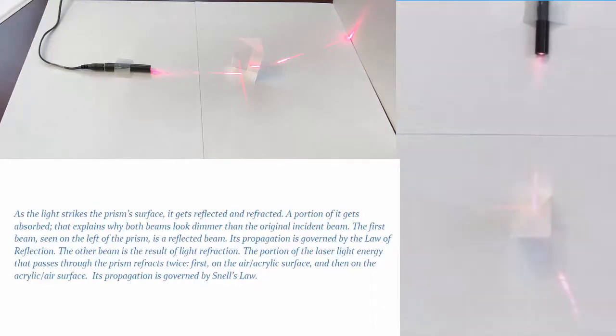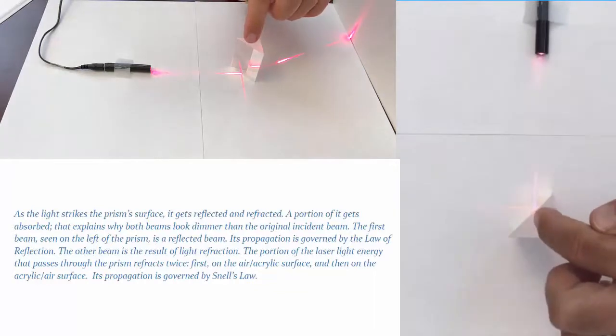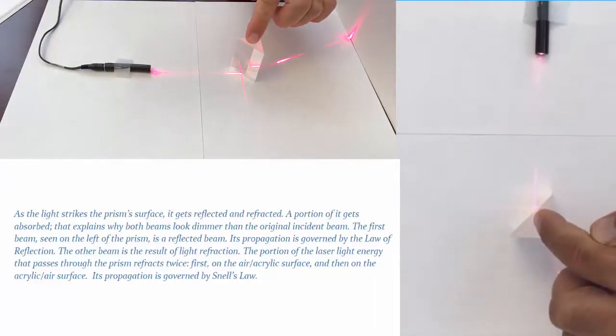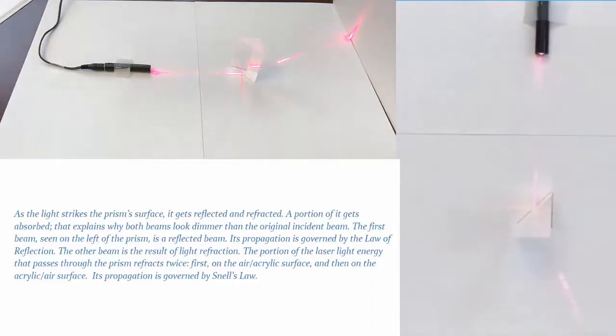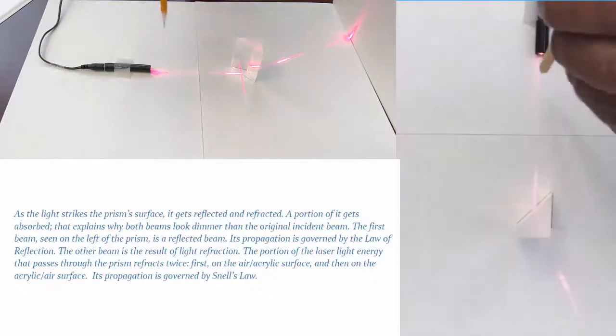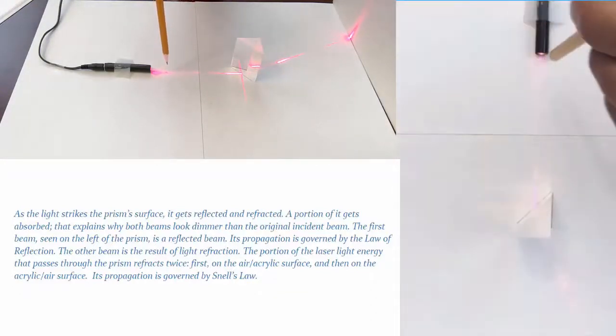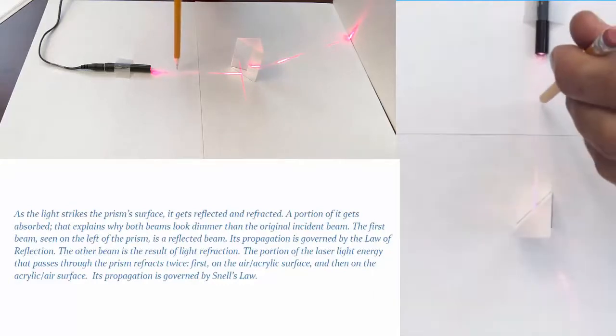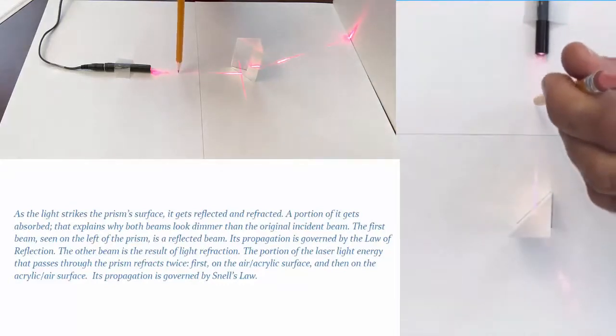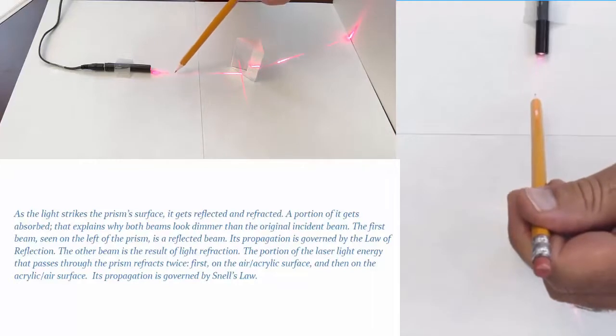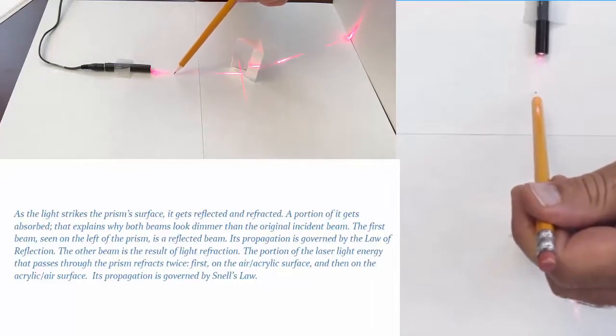In order to do that, we are going to hold the prism steady, and we are going to draw an outline of the prism on the white paper, and then we are going to trace these laser beams by using our pencil and marking dots along the beam. So every time the laser beam hits our pencil, I'm going to try to tilt it here a little bit for you to see.